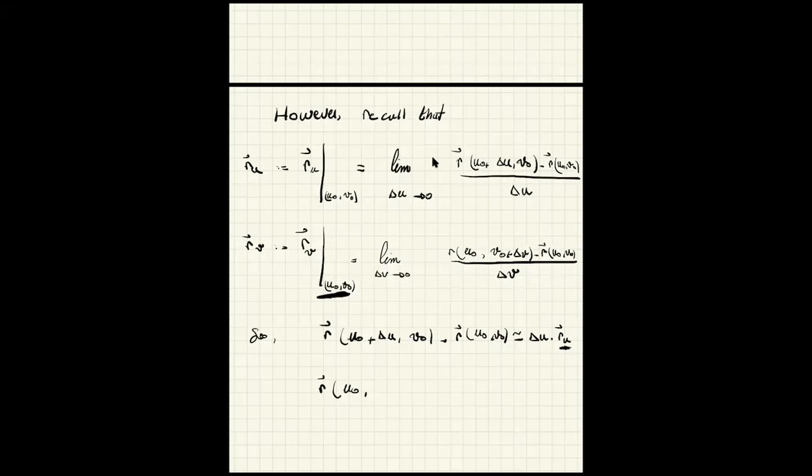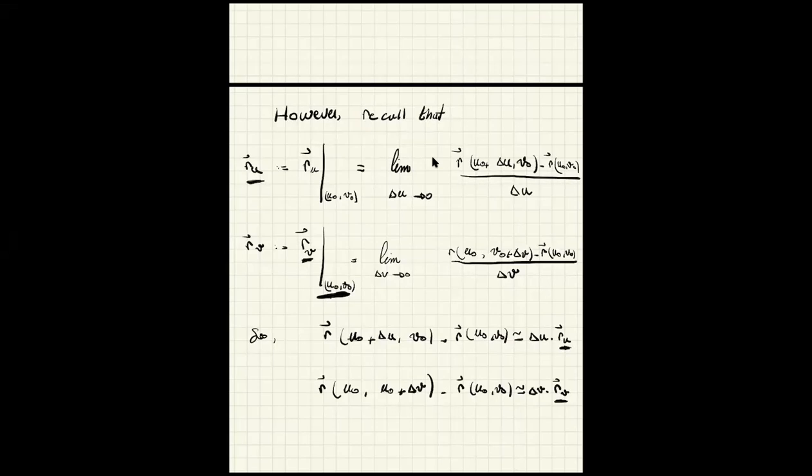Okay, so r of u0, v0 plus delta v, thank you, minus r of u0, v0 is approximately given by delta v times r_v. And again, I mean by that the same r_v here, because everything has to be evaluated at a point.